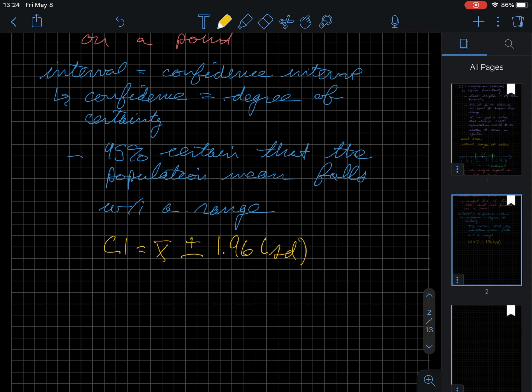This point estimate is usually the mean. We use 1.96, a z-score that you will recall from earlier, and this allows us to set up a 95% confidence range.